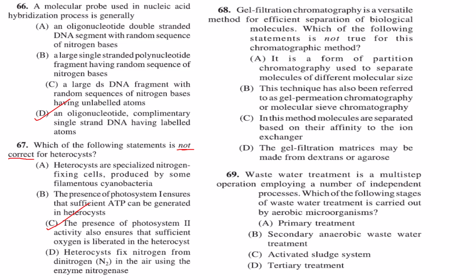Then next one. Gel filtration chromatography is a versatile method for efficient separation of biological molecules. Which of the following statement is not true for this chromatography method? So gel filtration chromatography, you all know it is also called size exclusion chromatography, and it separates molecules based on their size.